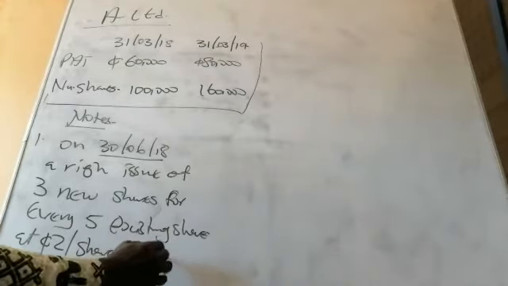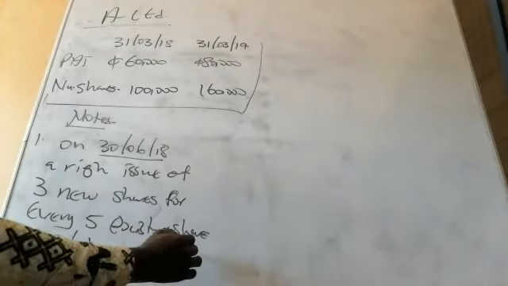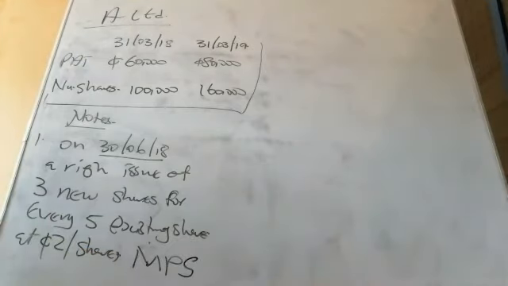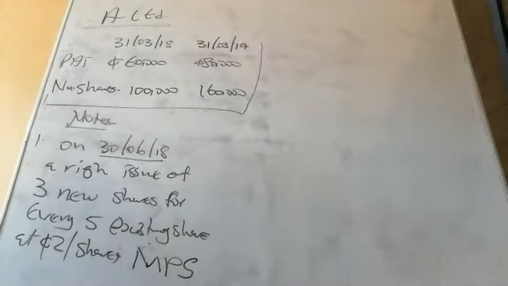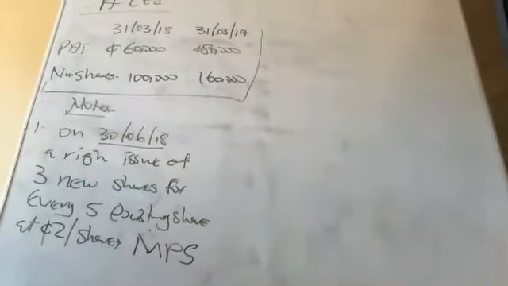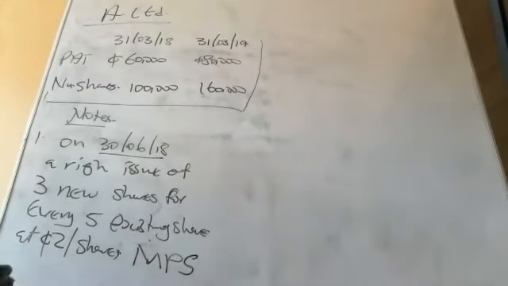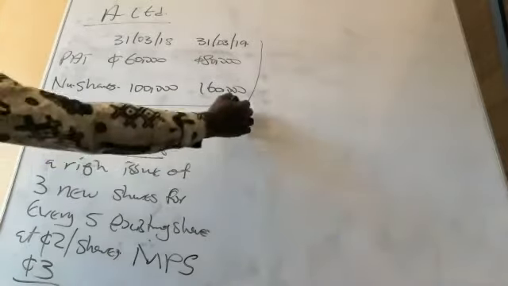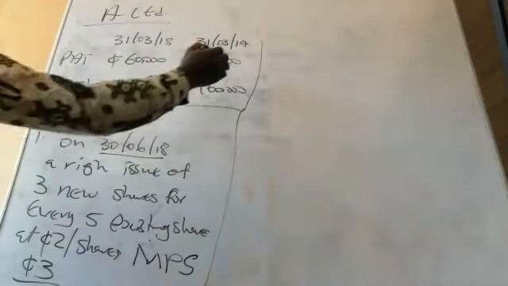So the market price per share before the right issue happened to be 3 Ghana cedis. Now, before I solve this question, let me explain what we are going to do.